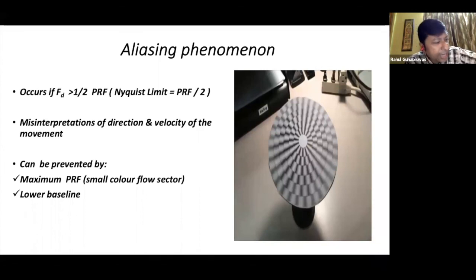If aliasing happens, the direction of blood flow is depicted as opposite to that of the actual one, and the upper end of the velocity spectral tracing is cut off and displayed at the bottom of the scale. Potential remedies to this important aliasing artifact are lowering the baseline and increasing the pulse repetition frequency by using the smallest possible field of view.